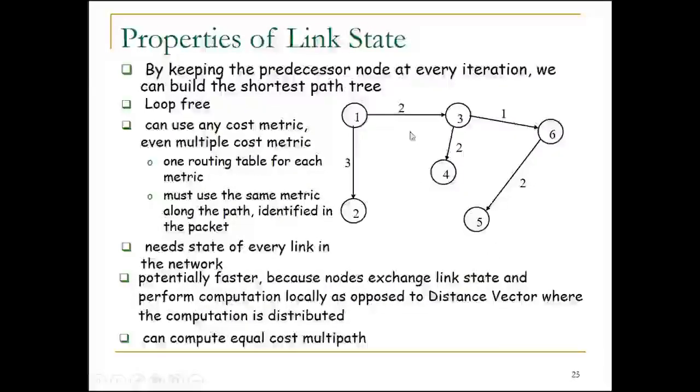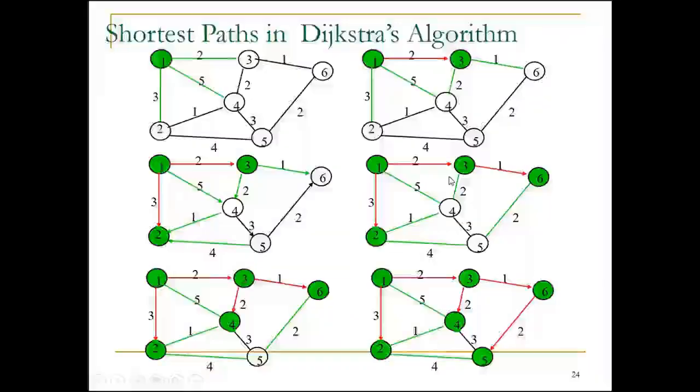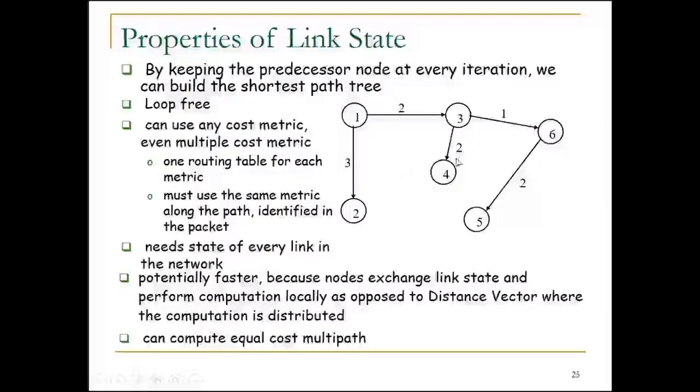We good? The shortest path to get to 4 from 1 is still from 1 to 3 to 4, which is 4, as compared to the 5 away from 1 to 4. If you notice, that was 5, right? And then from 1 to 2, 3, and what have you.